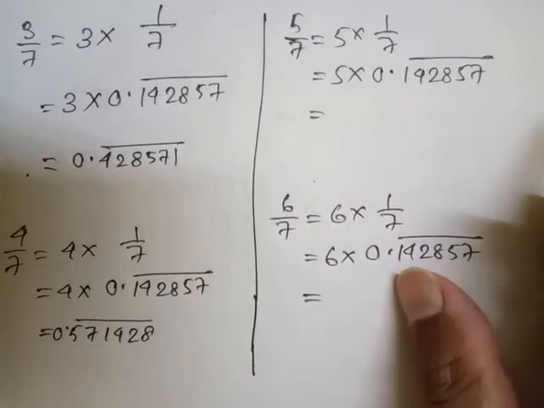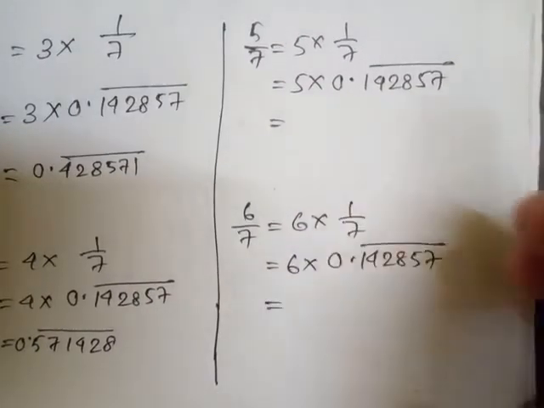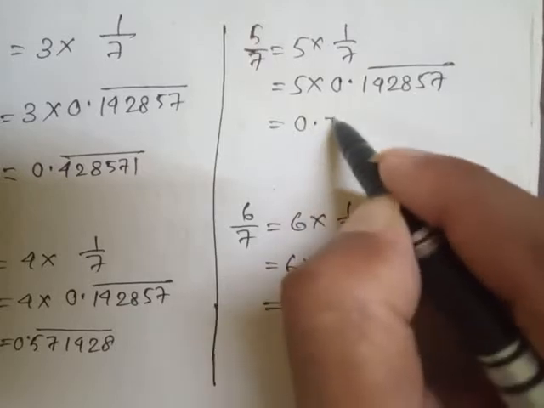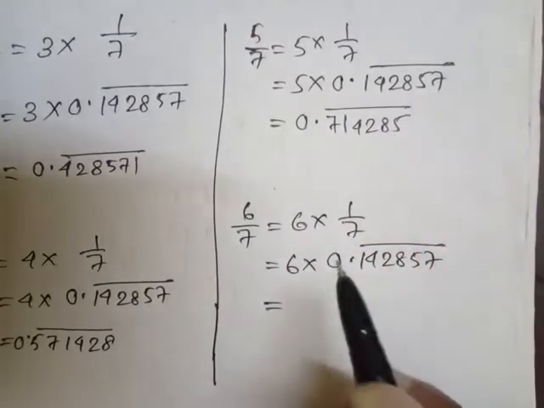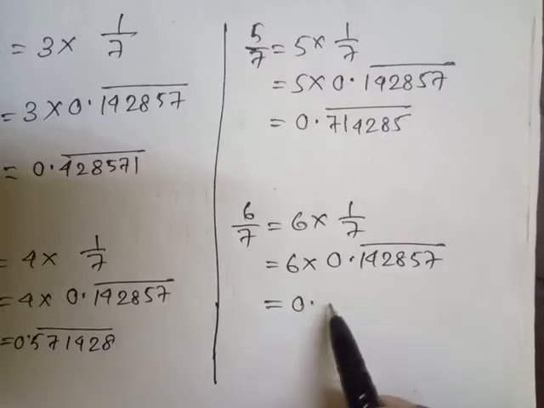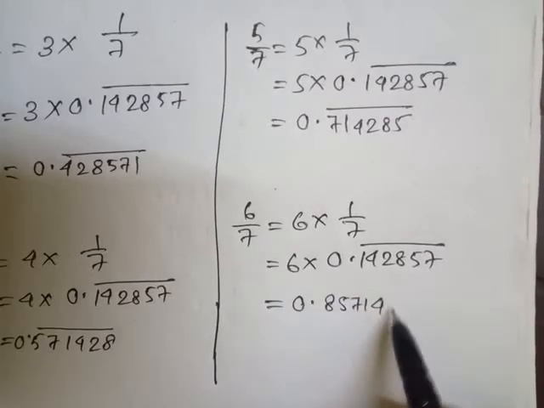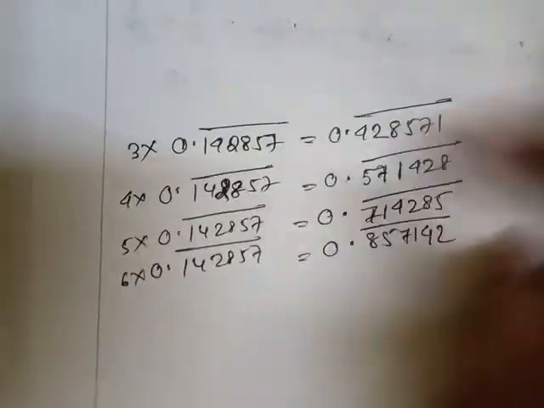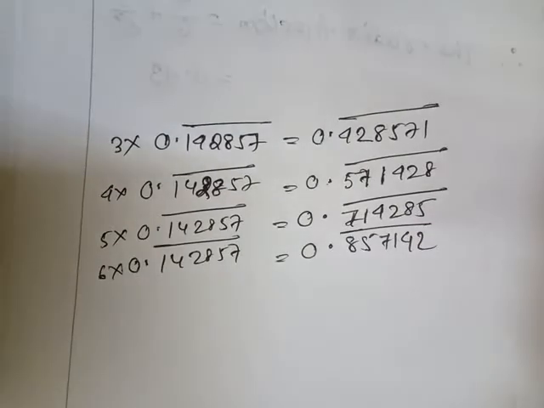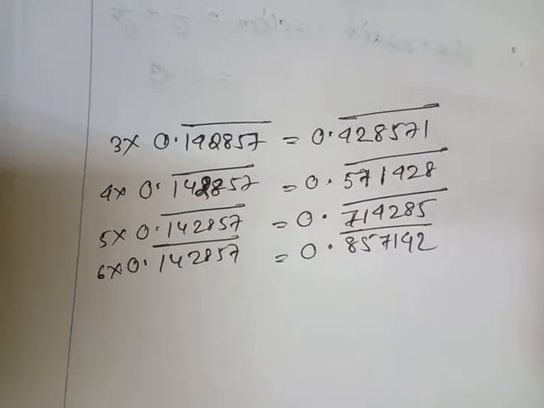Now 5 by 7 would be 0.714285 bar, and 6 by 7 would be 0.857142 bar. Look students, I have already done the rough part here, that's why I can write the answer directly.